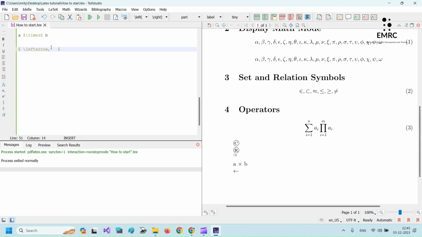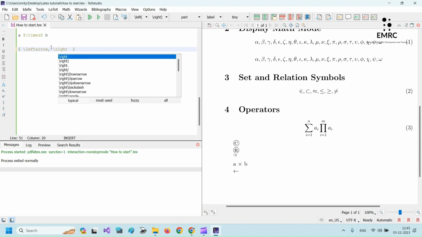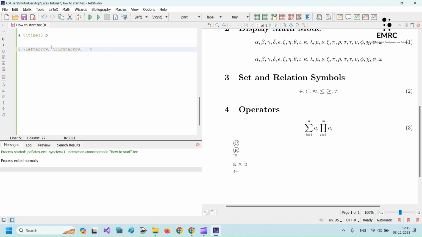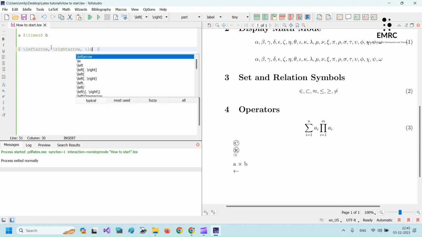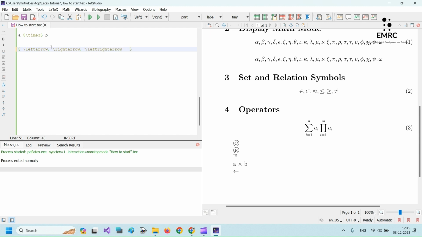Similarly, other things you can say, rightarrow, leftrightarrow, then uparrow, and down with backslash, downarrow, uparrow, compile it.